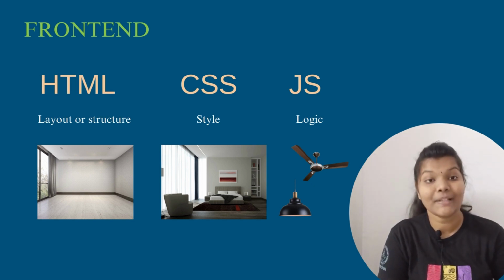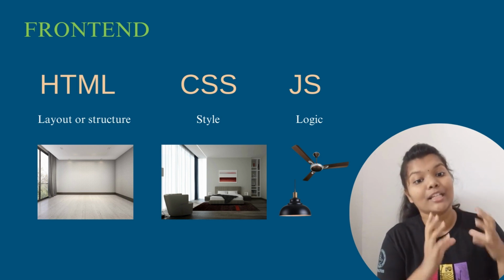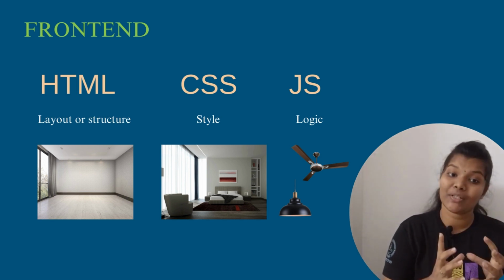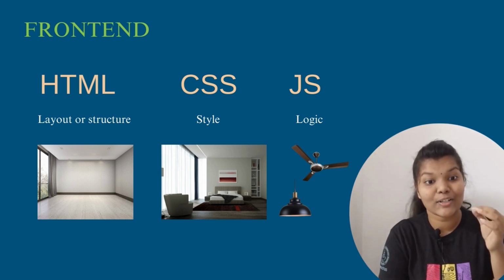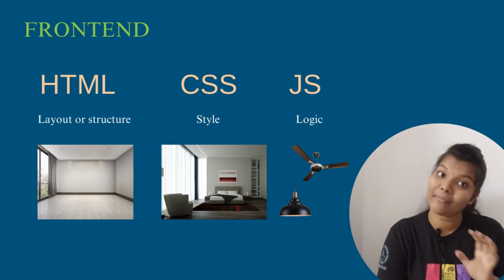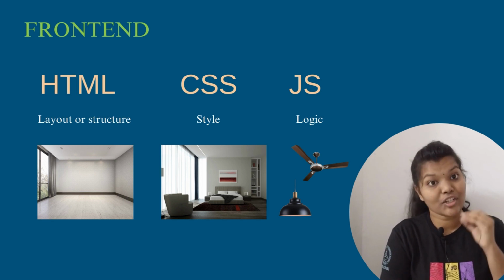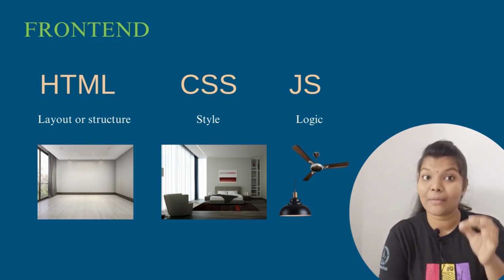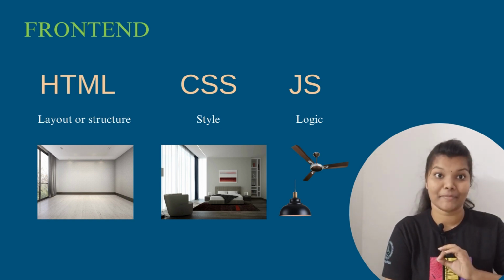For example, HTML is like the empty room, and its structure or layout is made by using it. Adding colors, furniture, switches is done by using CSS. The functioning of appliances in the room by clicking the switches is done by the logic defined by JavaScript. Learning these three technologies lets you become a front-end developer.